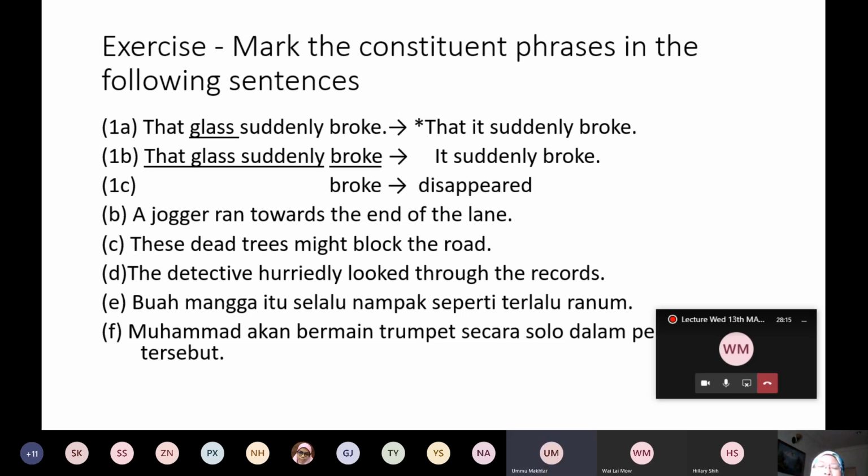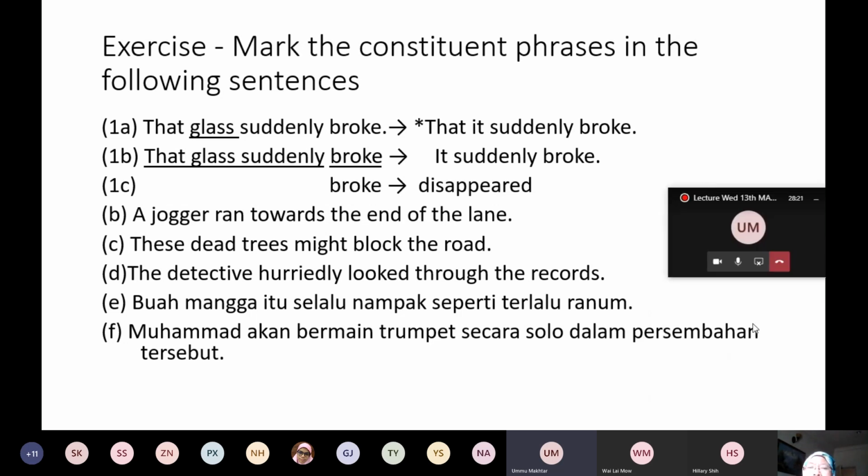Doctor, can you move the bottom right box tu ke atas? Thank you.